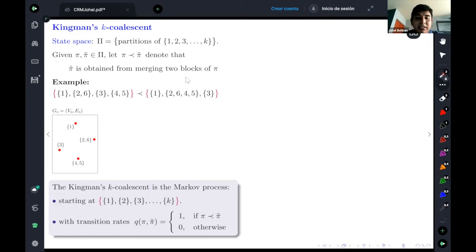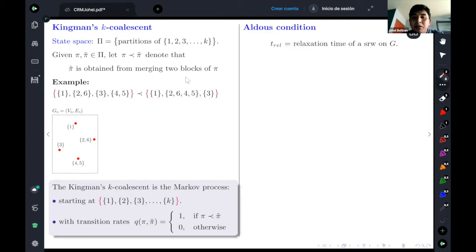So in this Kingman's K-coalescent process, we only allow two groups of particles to coalesce. It's not allowed that, for example, three groups of particles coalesce.